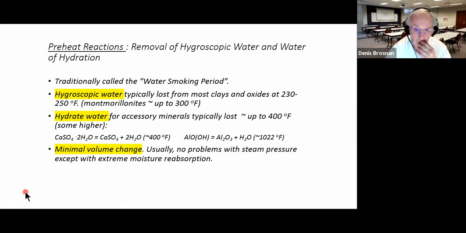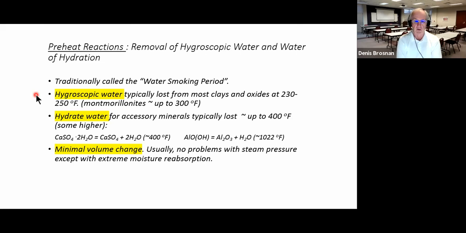Preheat reactions involve removing hygroscopic water. We talked about that in the drying course. Hygroscopic water is water attached to the surface. You'll recall that hydroxyls, water molecules, are polar in nature. Due to that polar nature, they have a positive side of the molecule and a negative side.